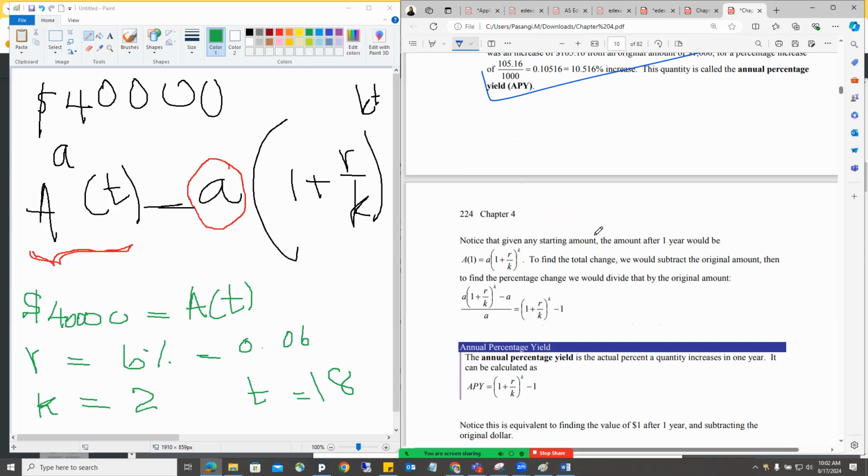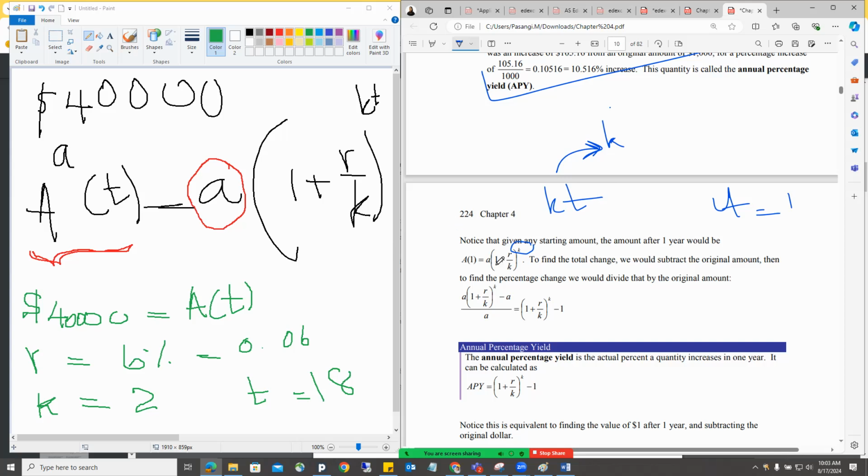Notice that given any starting amount, the amount after 1 year would be, if t is equal to 1, then here we have kt. So kt means if t equals 1, then this narrows down to k, because the value t is equal to 1.